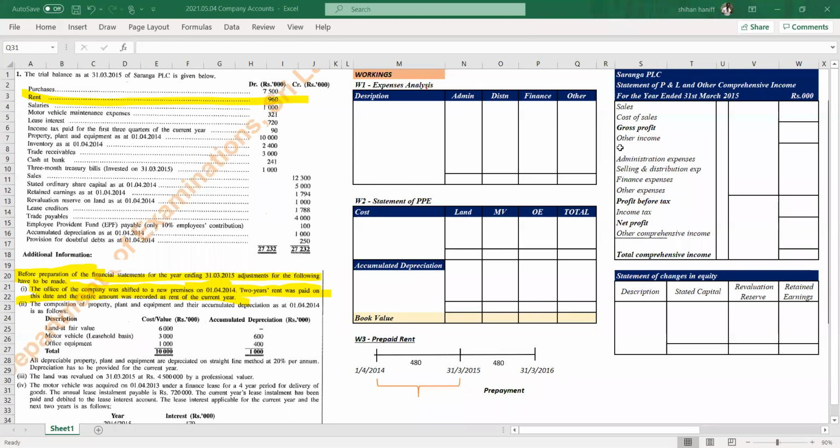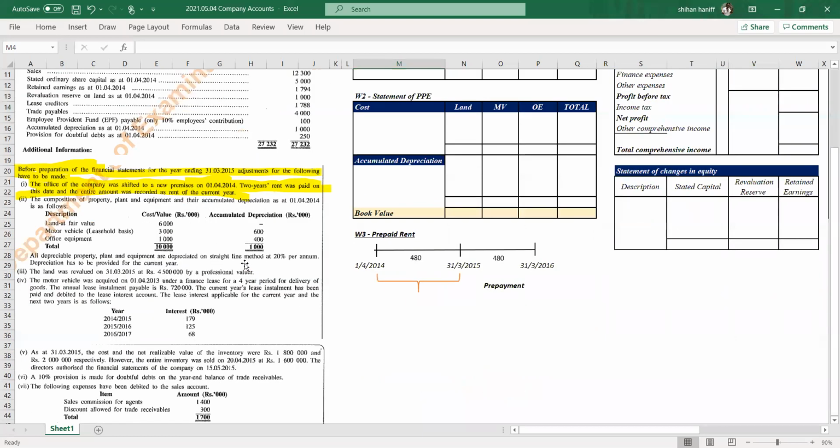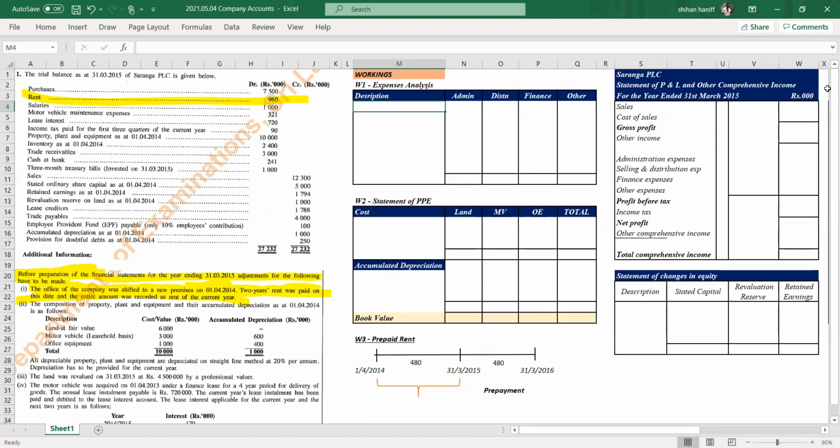Right. So under description, I will explain from the beginning. There is a doubt.